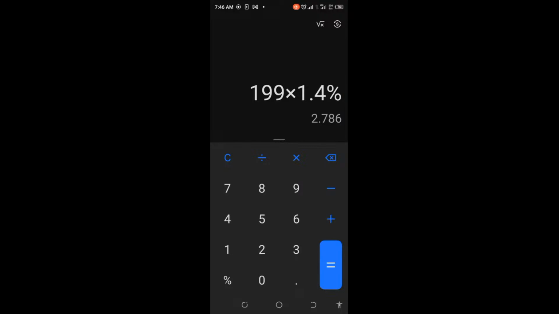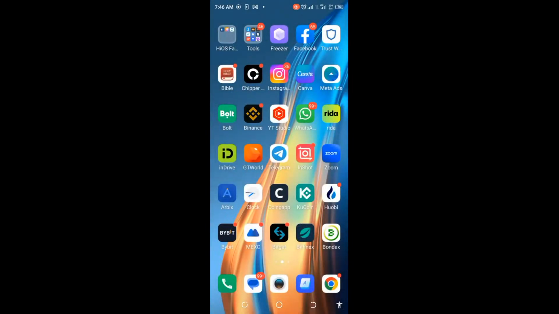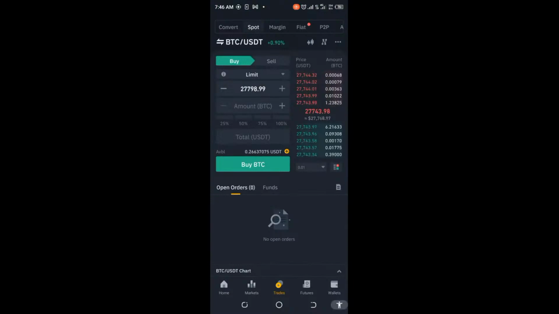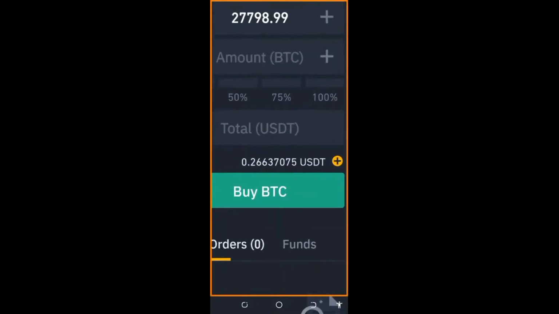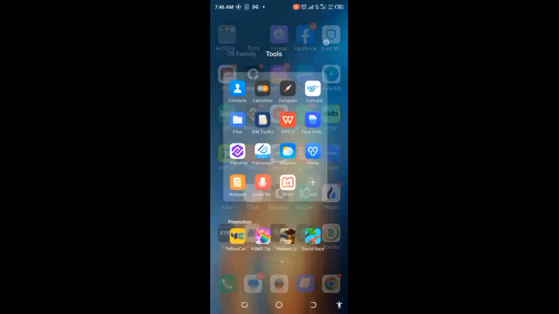So let's now go back to the global amount. The global amount really is, we have to add what we've made, right? Plus what is in Binance. So what do we have left in Binance? We have 0.2663. So let's take that and add that. So what did we make entirely?